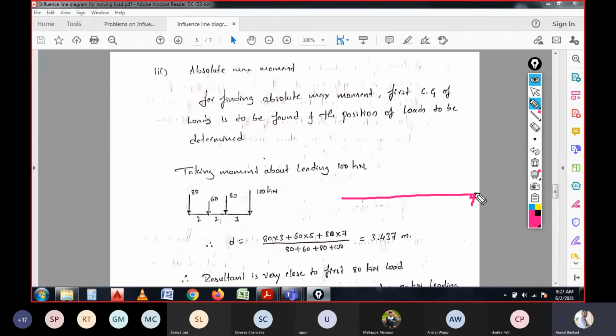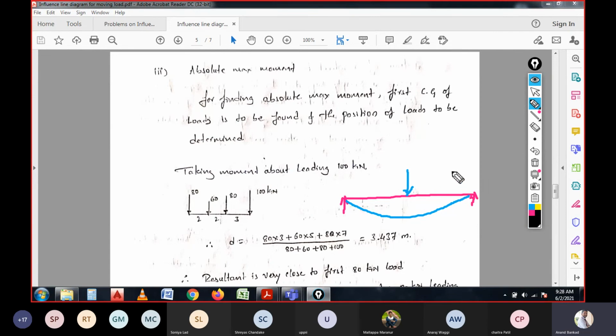if the beam is loaded with any kind of loads, whether uniformly distributed load, concentrated loads or uniformly varying loads, if the loads are placed at the center of the span, the bending moment will be in this manner, right?